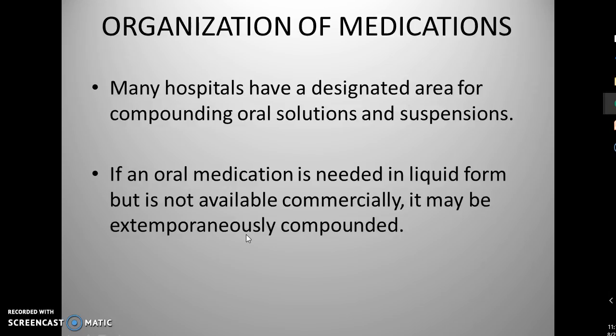Once the medication is compounded, a record of the preparation and ingredients must be put in what is called a bulk compounding log. This is part of the process when you're actually making a compound within a hospital setting.